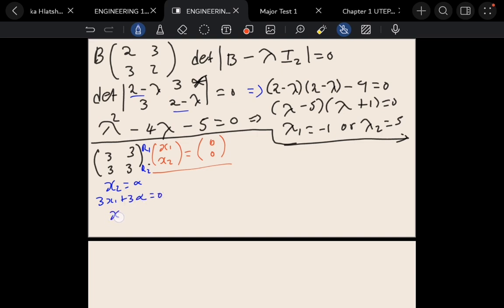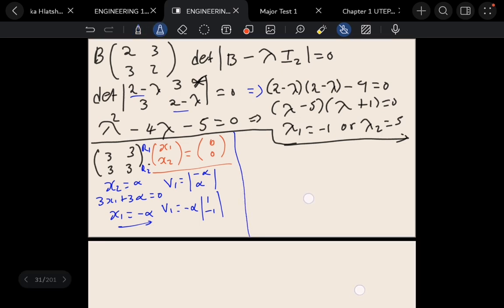In that case, x1 is equal to minus alpha. So v1 is negative alpha times 1, negative 1. We need to take out the highest common factor of minus alpha, because in an eigenvector, we cannot have a negative value as a first entry. Right, so I think you got that.